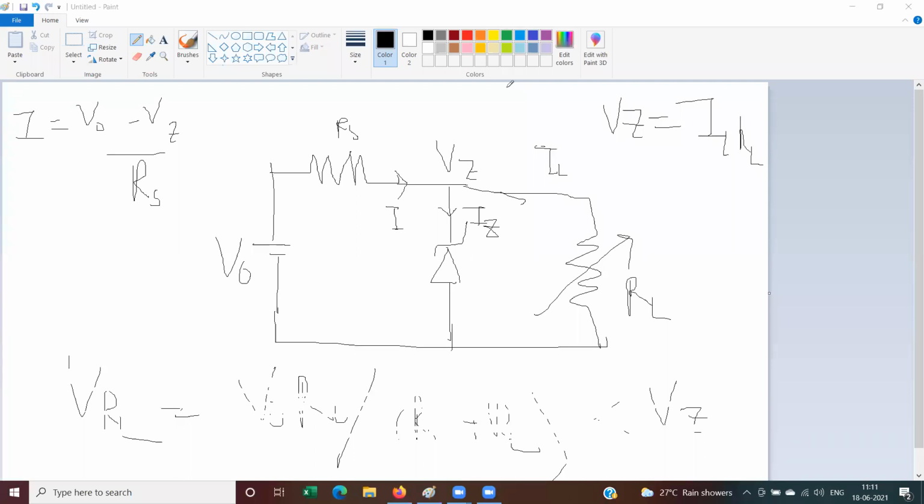1 milliampere. Now, next, 1 volt dropped across 1 mega ohm resistance. What will be the current?